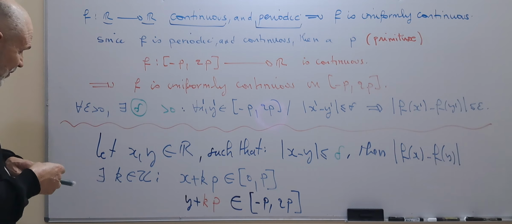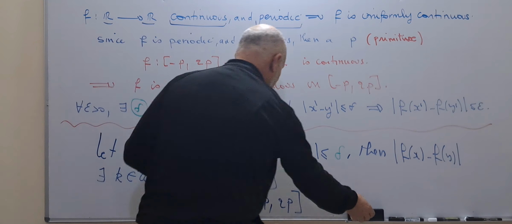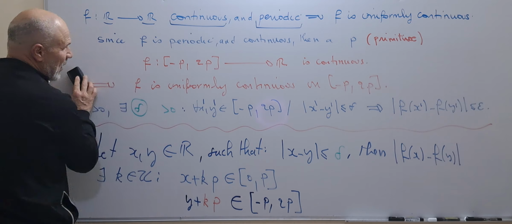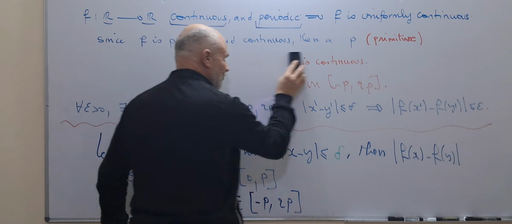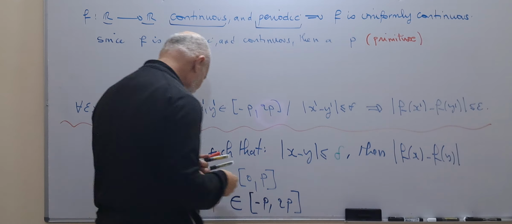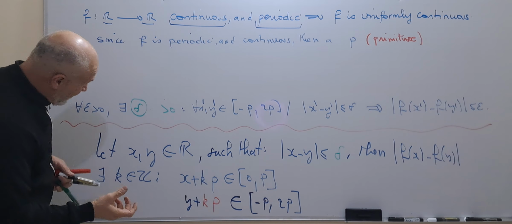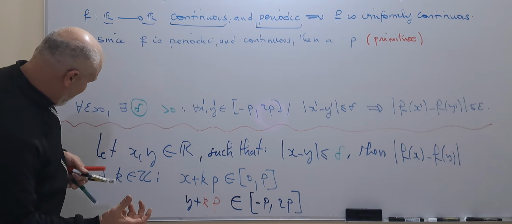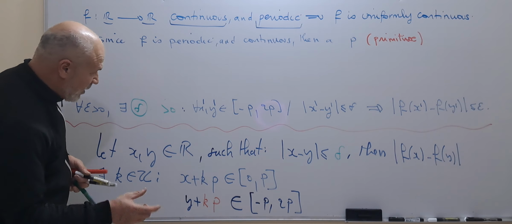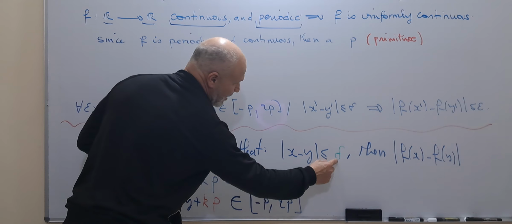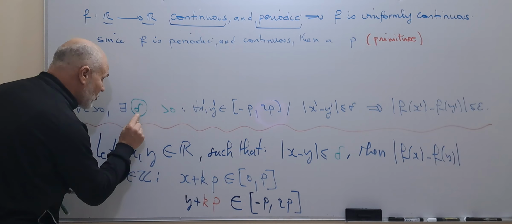Why is this true? We have considered that |x minus y| is less than delta. This delta is this one.